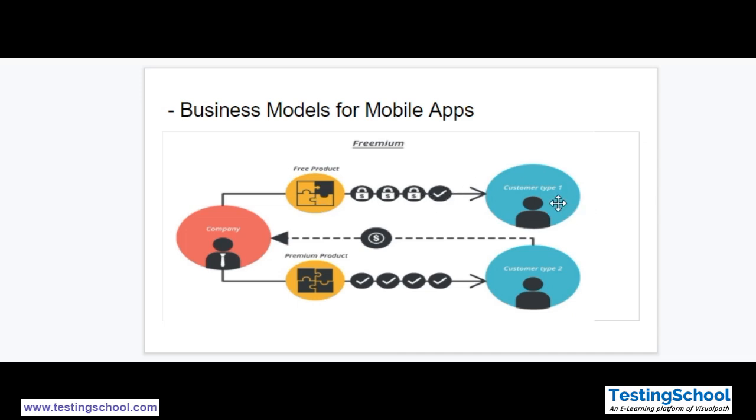The user can access 20% or 30% of the application, and the remaining he can't access, but he can view it in the free product. Once he pays, he can access the entire product, and he will become a prime user for the company, where the company can generate the revenue.